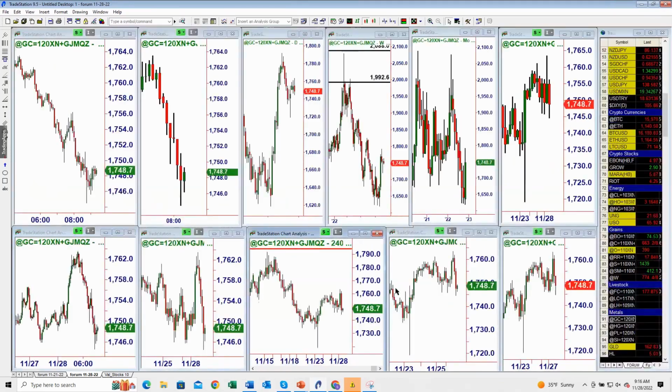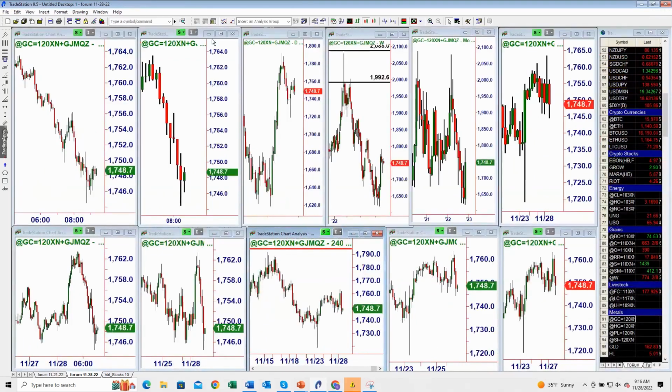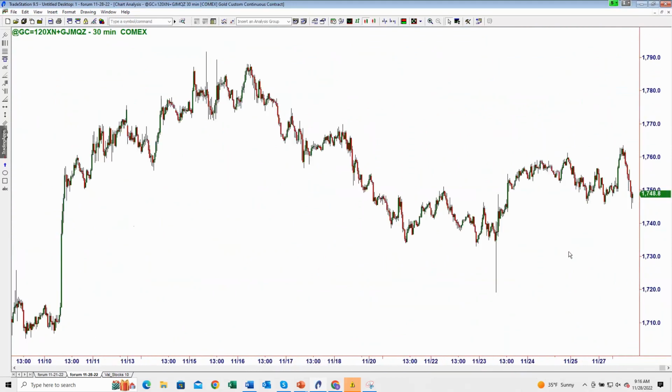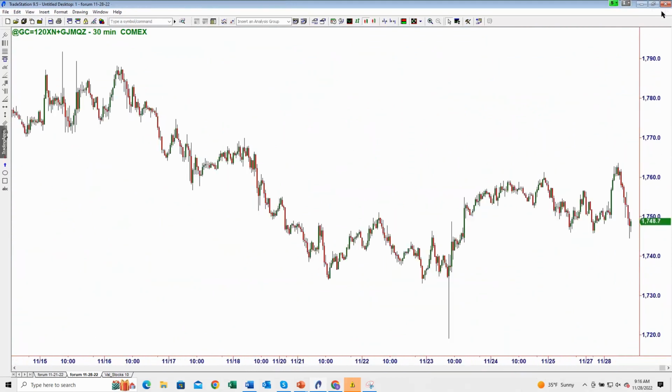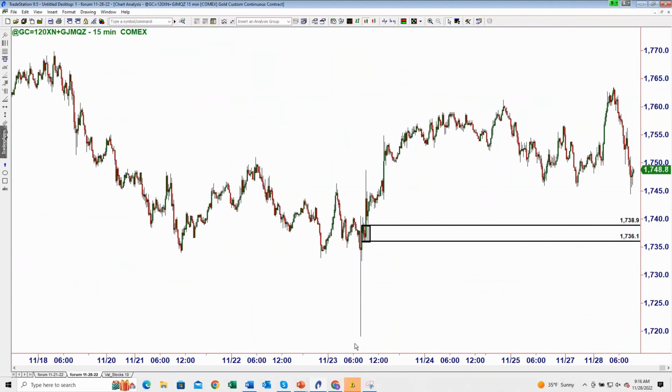Now watch this. I thought there was a closer demand zone. Yeah, there's really not. So we have to get below this.